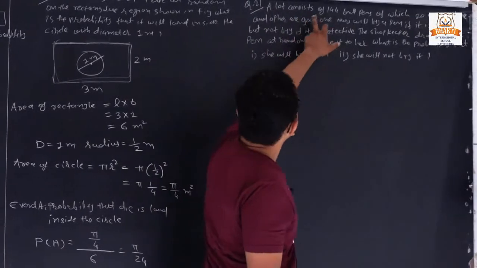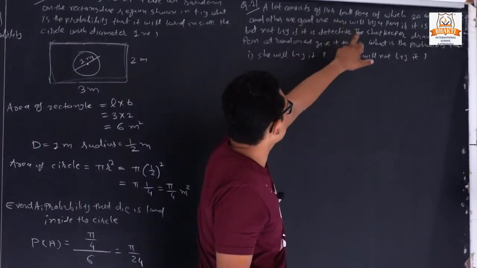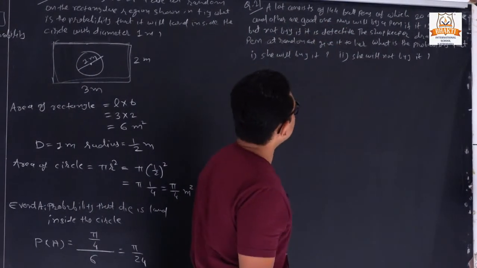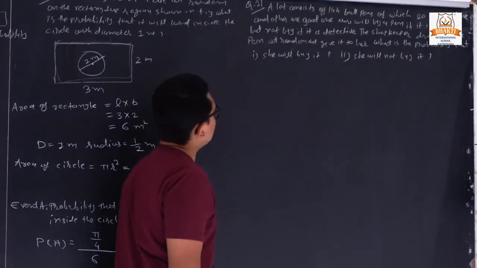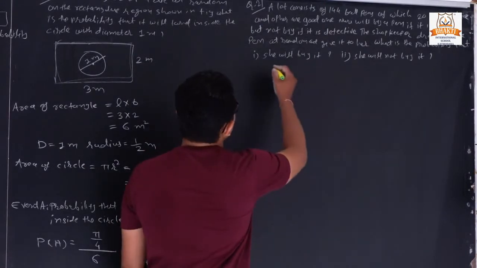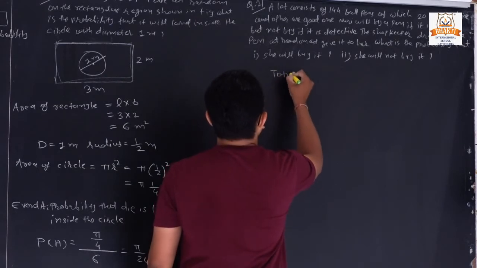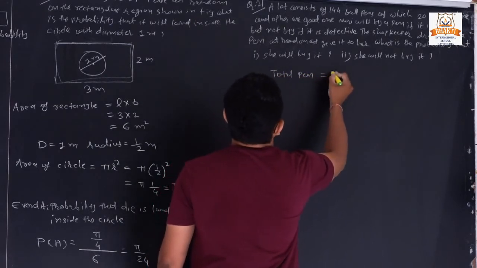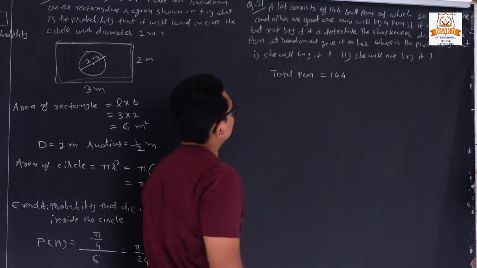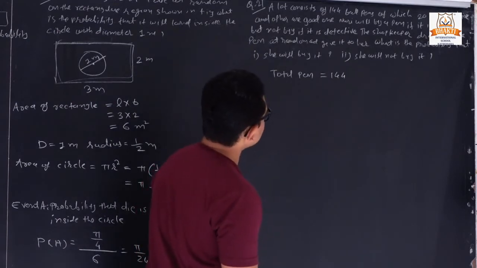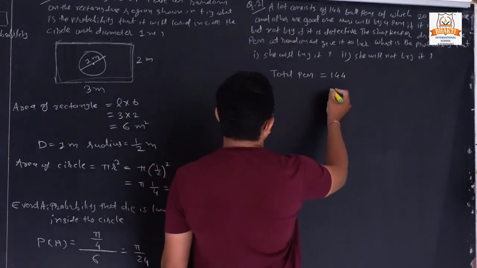Now next, question number 21. A lot consists of 144 ball pens, of which 20 are defective and the others are good. So first of all, the total pens are 144, out of which 20 are defective, so we subtract 20.